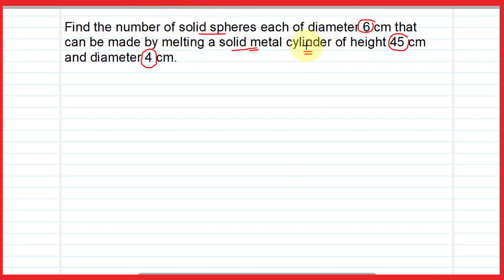out of the cylinder. So friends, we know that when the cylinder is converted to spheres, the volume does not change, the volume remains the same, and so the volume of the cylinder will be equal to the volume of the spheres that are created.